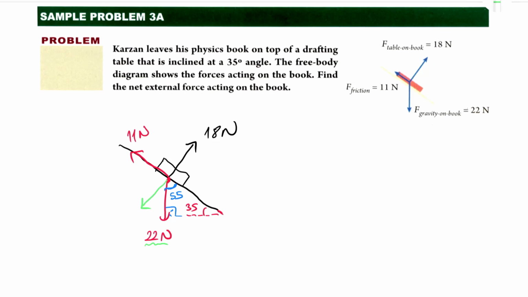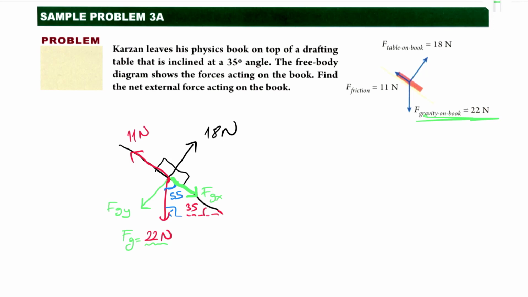One component is this, the other component is this. We can say 22 is the Fg, gravity on the book. Let's say this is Fgx, to recognize what we are solving, and this is Fgy.